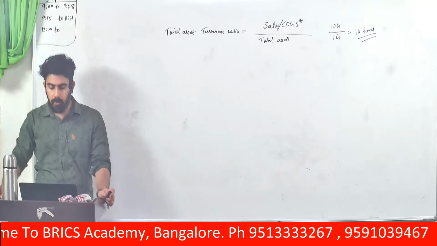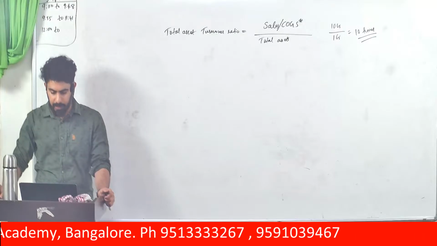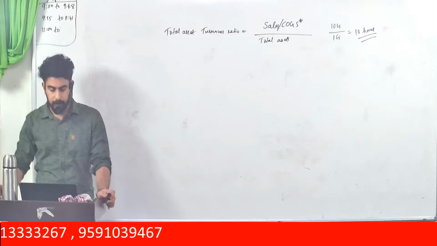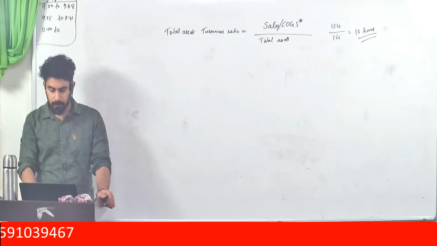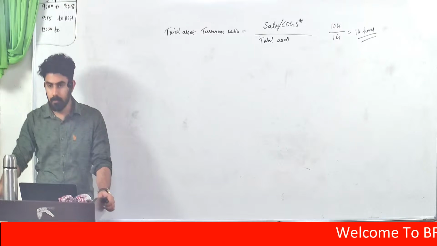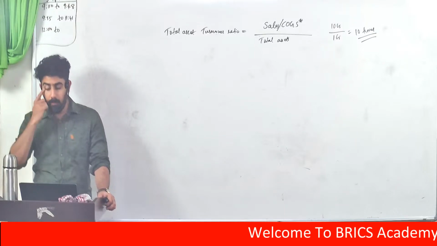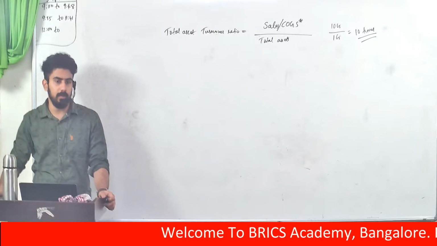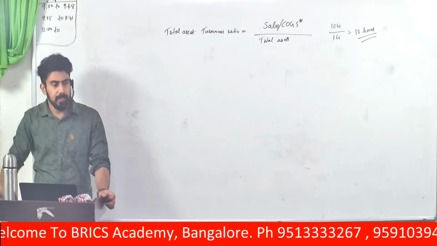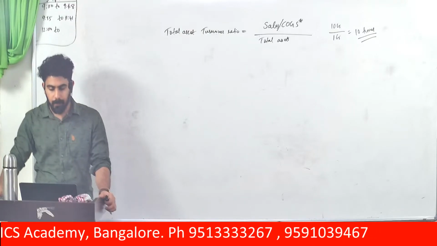Debtors turnover ratio is equal to credit sales divided by average debtors. So this will give you how fast the sales is converting to cash.